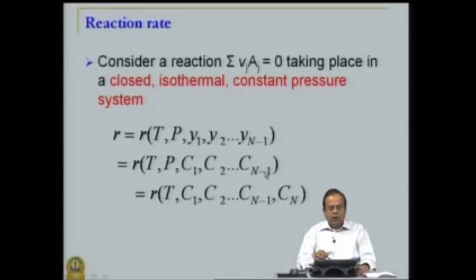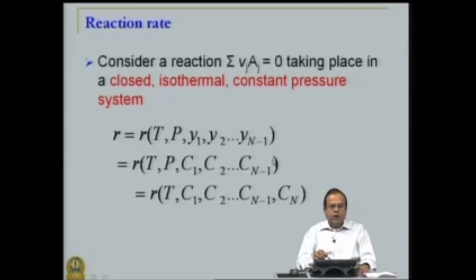Once again n minus 1, because when it comes to looking at concentrations, we know that there is an equation of state for gaseous components which will relate temperature, pressure and total concentration. Simply put, PV equal to nRT, and our concentration is nothing but n by V. So, there is a relation which defines the total concentration. So, we can choose any n minus 1 components, the other one is automatically fixed.